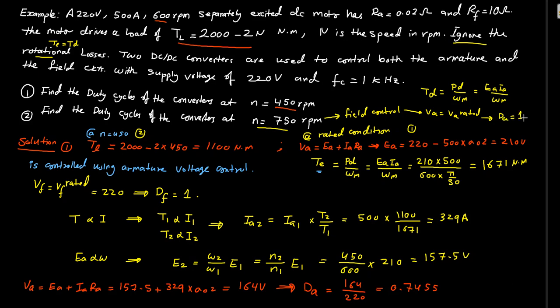Why? Because I need to impose the rated voltage, 220, on the armature. So for the second part I can get dA with no time, from the understanding that we need to go to field weakening control. The voltage to the armature must be the rated, so dA is equal to 1.